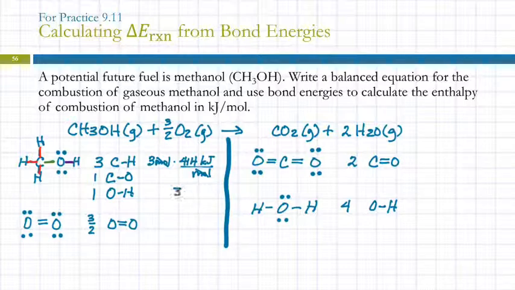So that's 360 kilojoules. And a mole of oxygen-hydrogen bonds, and that's 464 kilojoules. And then down here, I have 3/2 of a mole, 1.5 moles of the oxygen-oxygen double bond that I forgot to write on the board.